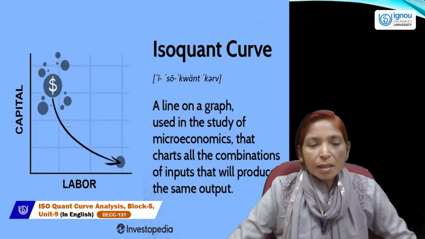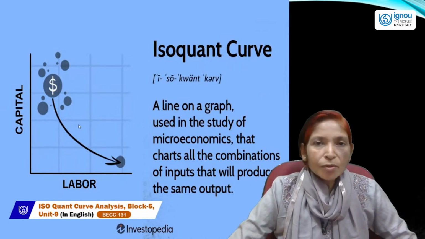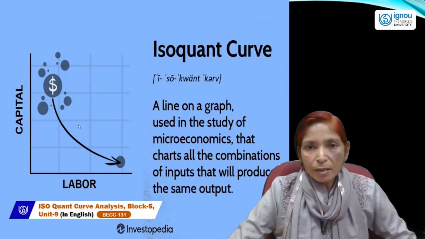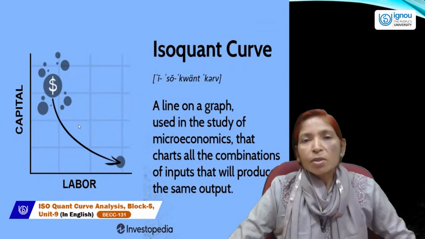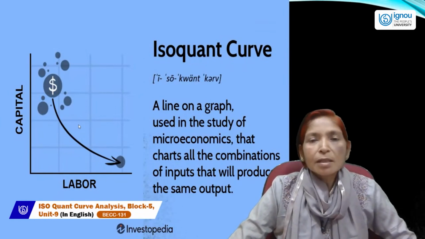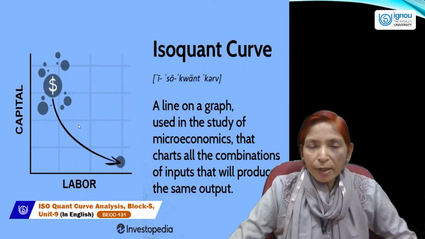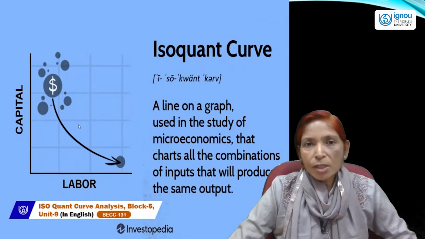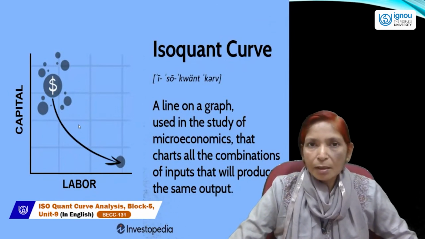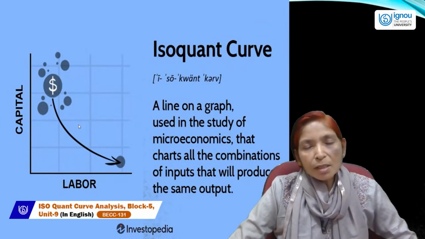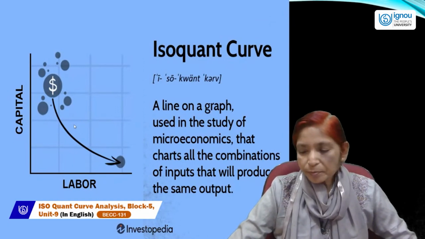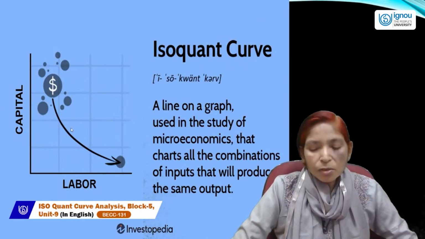As we increase the units of labor, we have to sacrifice units of capital, because we know that resources are limited and wants are unlimited. So the iso-quant curve shows different combinations like A, B, C, D, different combinations of two factors of production like labor and capital, which give the producer the same level of output or production. That is known as the iso-quant curve.